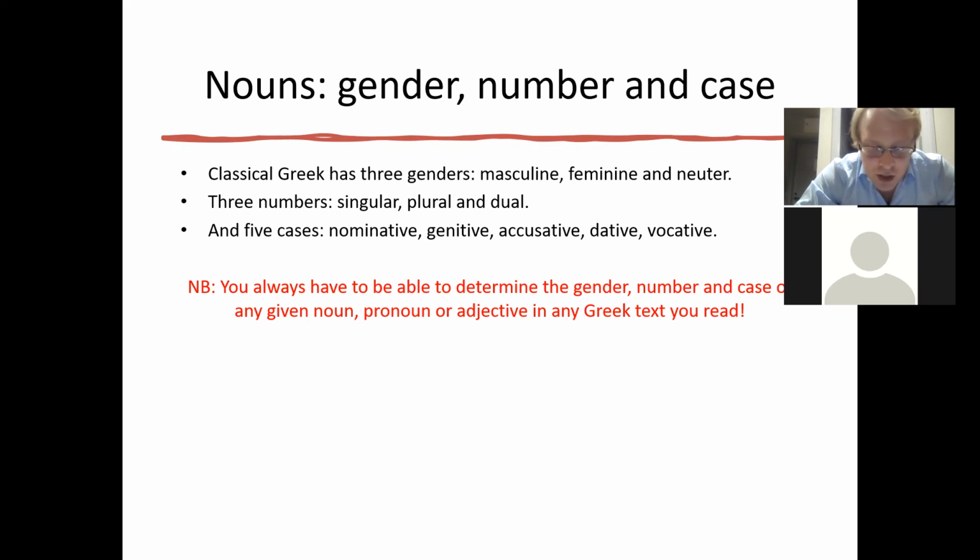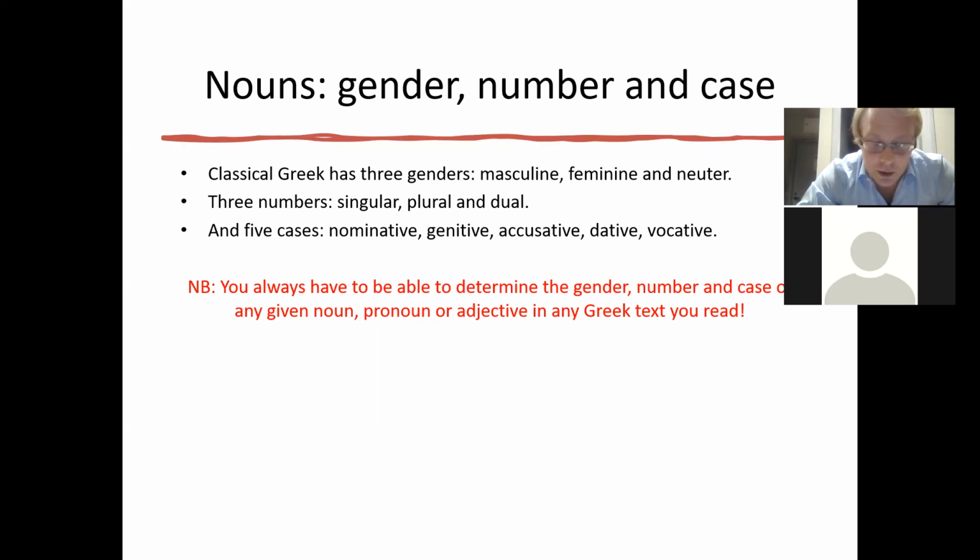Apart from number and gender, any given noun is also inflected in accordance with different cases. In modern English, nouns are inflected in 3 cases. In Swedish, only in 2, whereas in Finnish, nouns can take 15 different cases. Classical Greek has 5 different cases for nouns, pronouns, and adjectives. These are the nominative, the genitive, the accusative, the dative, and the vocative.